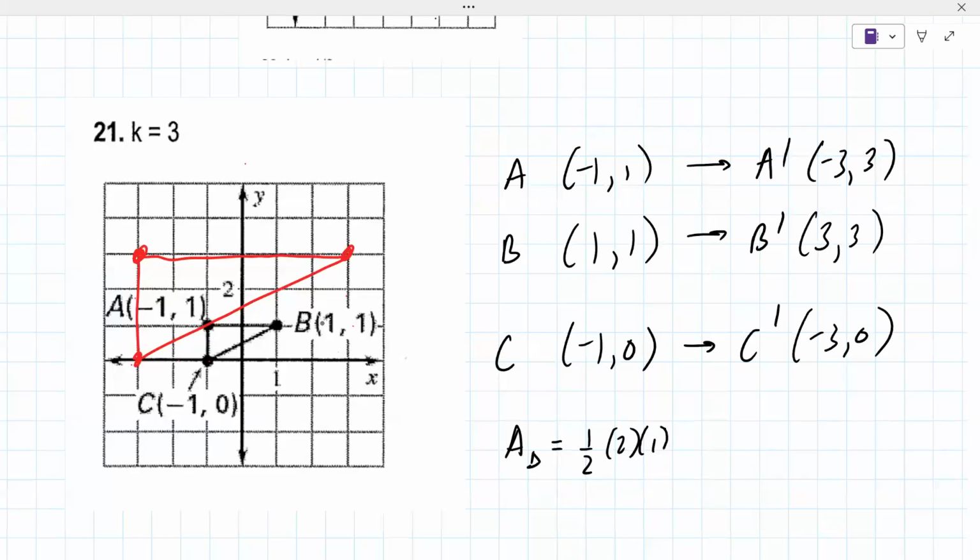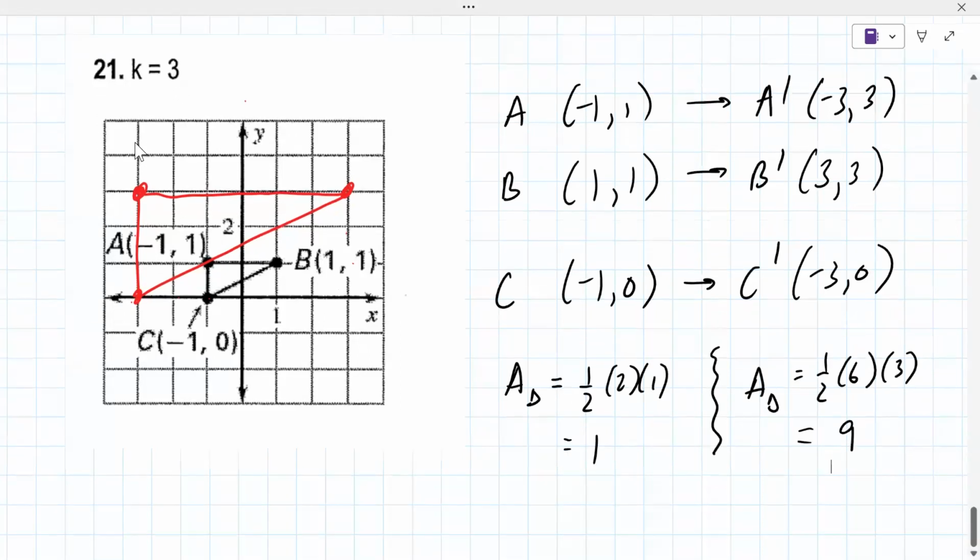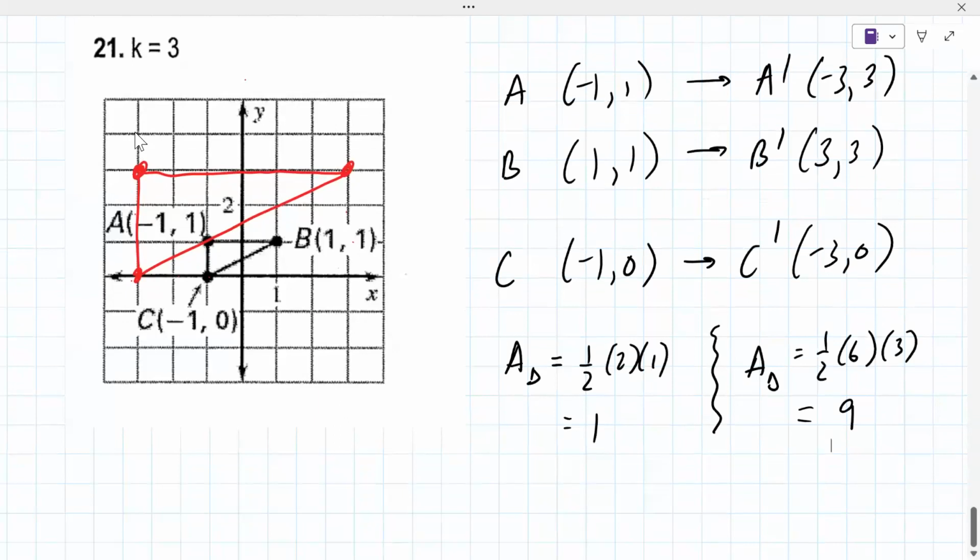That's 2 times 1, which ends up being 1. The area of the other triangle is 1/2. Now its base is 6, its height is 3, which ends up being 9. So you'll learn this later in the course, but the scale factor tells you something about the area. It's k squared to get the new area.